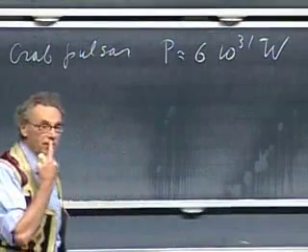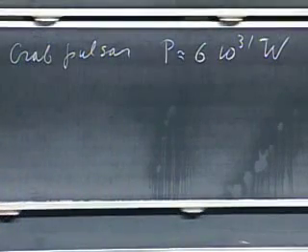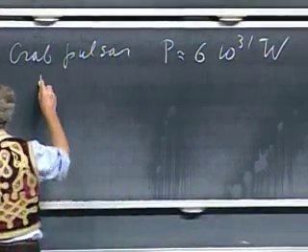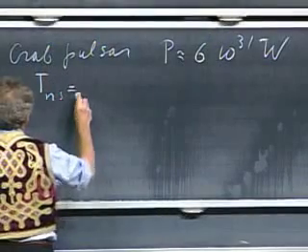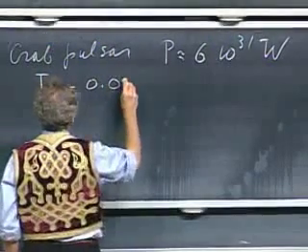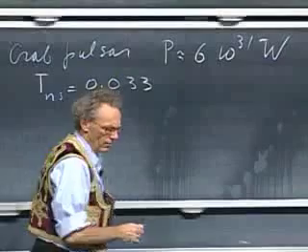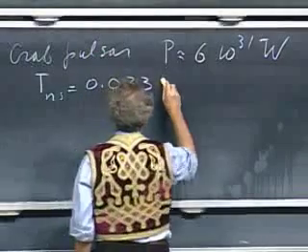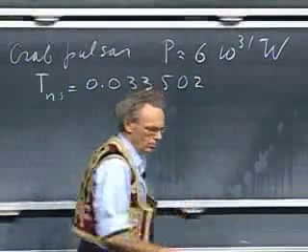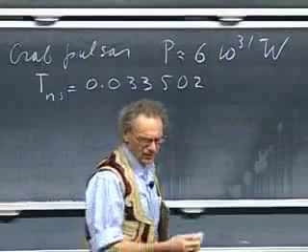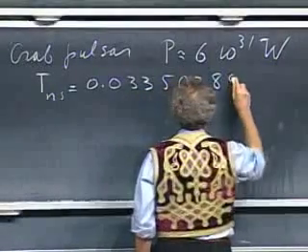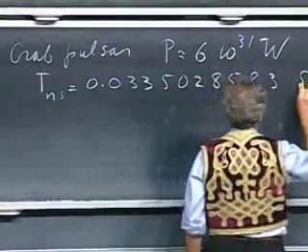We know the period of the pulsar to a very high degree of accuracy. The period of rotation of the neutron star is 0.0350250285 83 seconds.